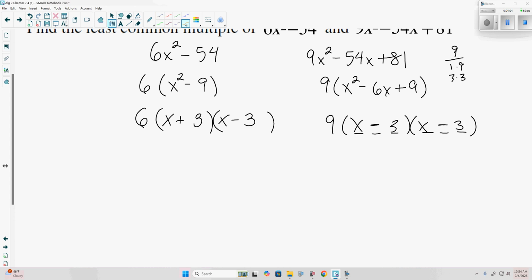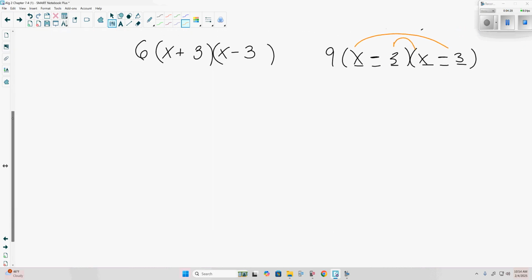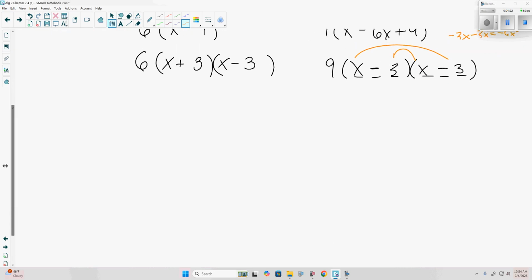And if we check this, x times negative 3 would be negative 3x, and negative 3 times x is negative 3x, giving us the negative 6x that we wanted for our middle term. These two here are completely factored, which means we can go about finding our least common multiple.